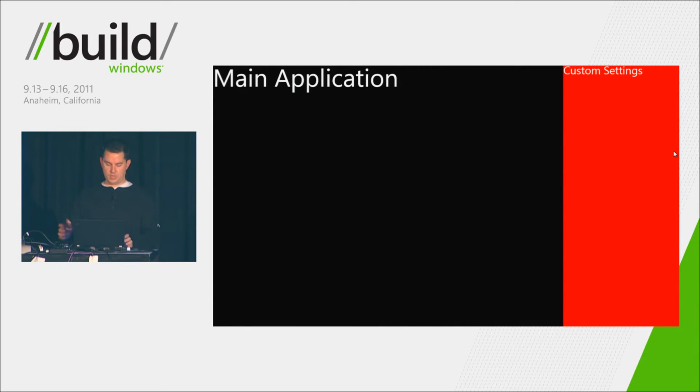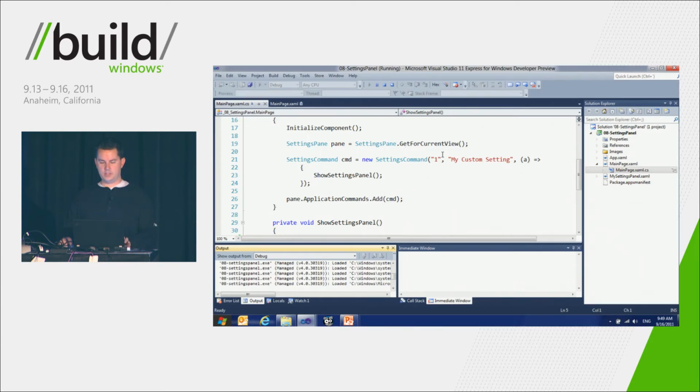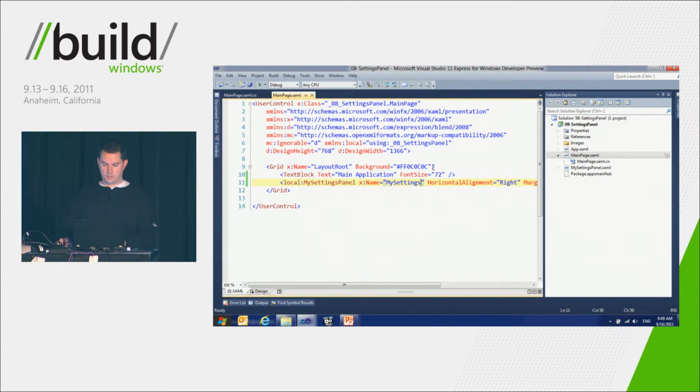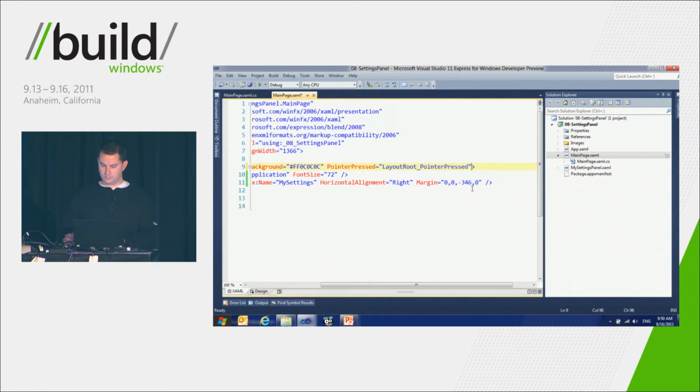But it didn't really come in the exact way that the UI guidelines dictate, and I have no way to dismiss it, right? This kind of light dismiss model. So there are a couple of things that we can do. If you saw Olner's talk, we can use the pointer events.